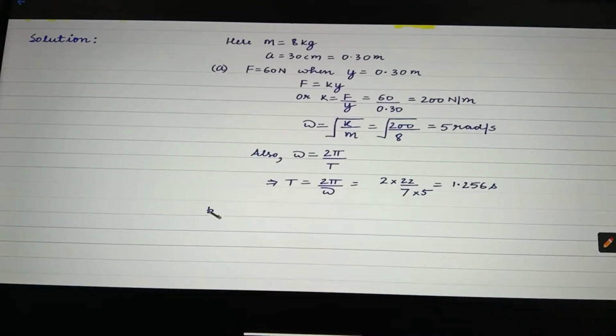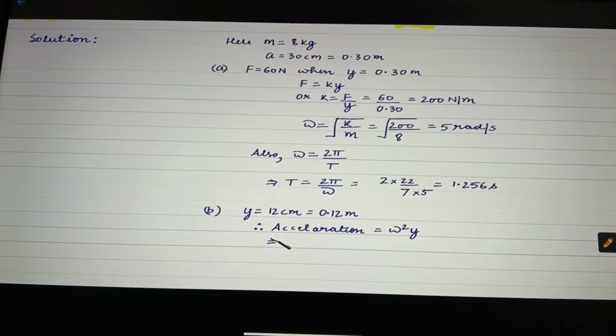Let's do the B part. In B part, it is given that displacement y is equal to 12 centimeters. So that is equal to 0.12 meters. Therefore, acceleration is equal to omega square y.